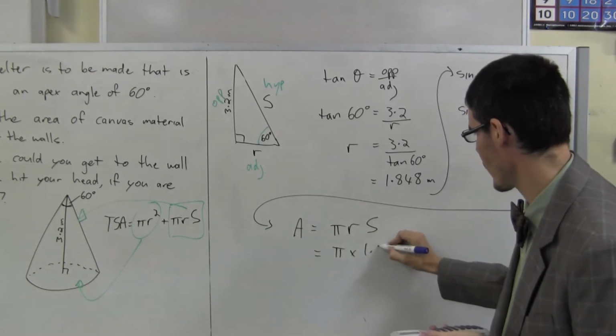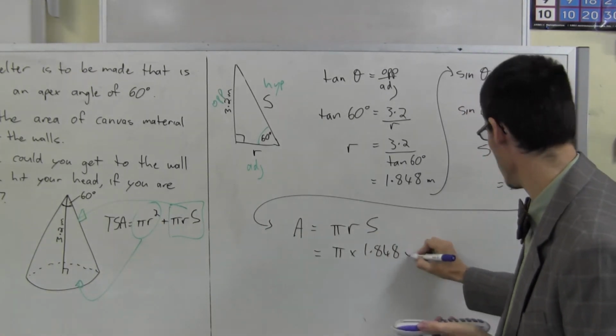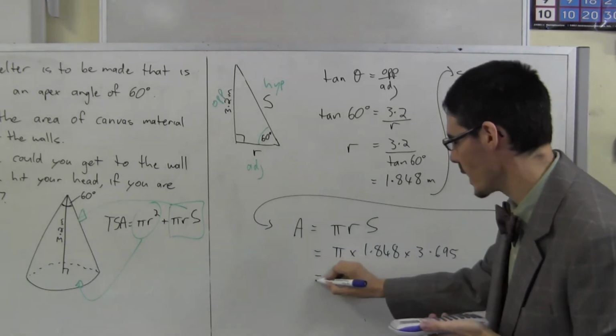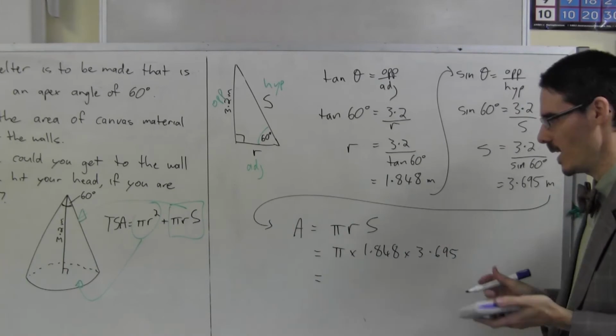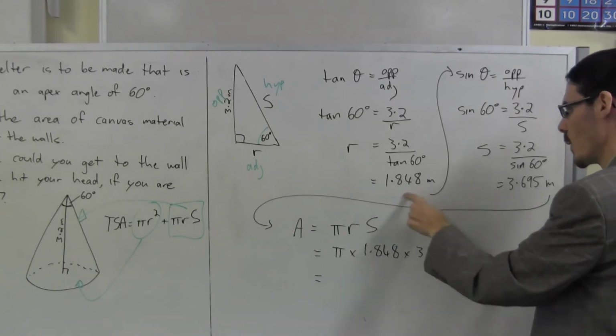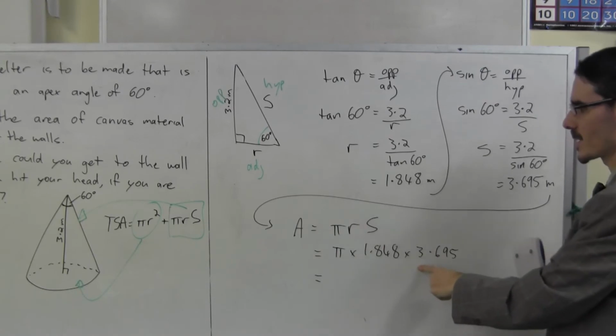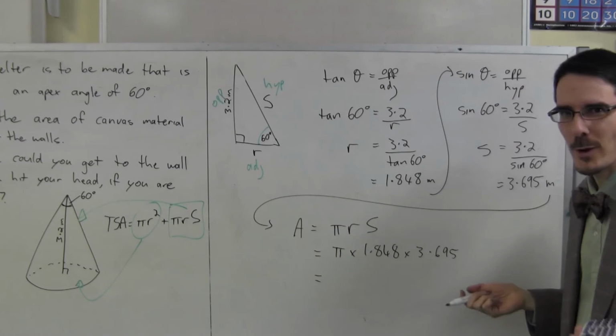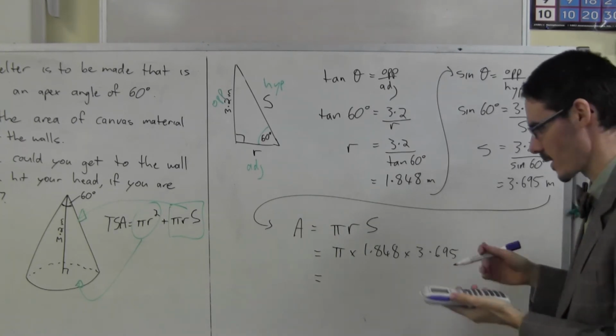Pi times 1.848 times 3.695. Again, if you've got a good calculator, you can actually keep both of these numbers and use both of them directly in this calculation rather than rounding them off. In this case, I'm going to get more accuracy than I really need, so it's okay.